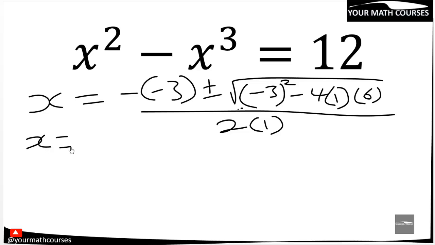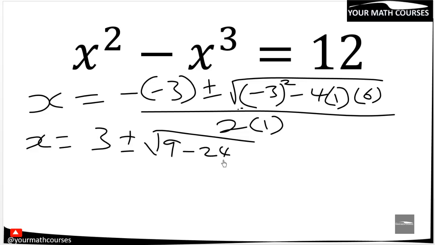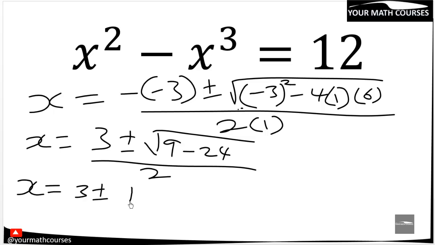So x will be equal to negative of negative 3 will give us +3, plus or minus square root of -3 squared, which gives us 9, minus 24, all over 2.